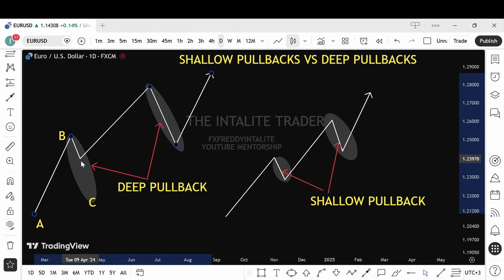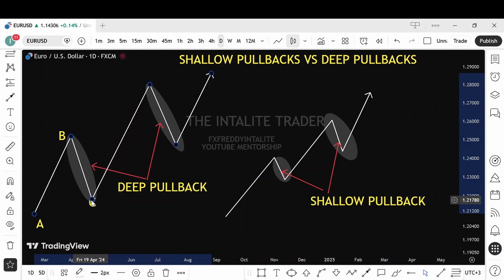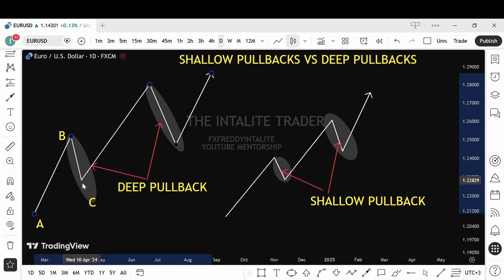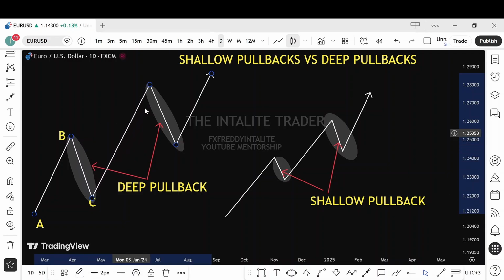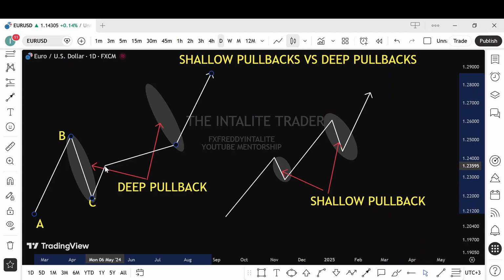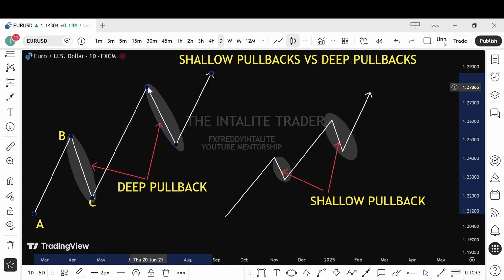The stronger the pullback, the more price is likely to go higher. When price pulls back strongly, we also expect the impulsive move to be strong.